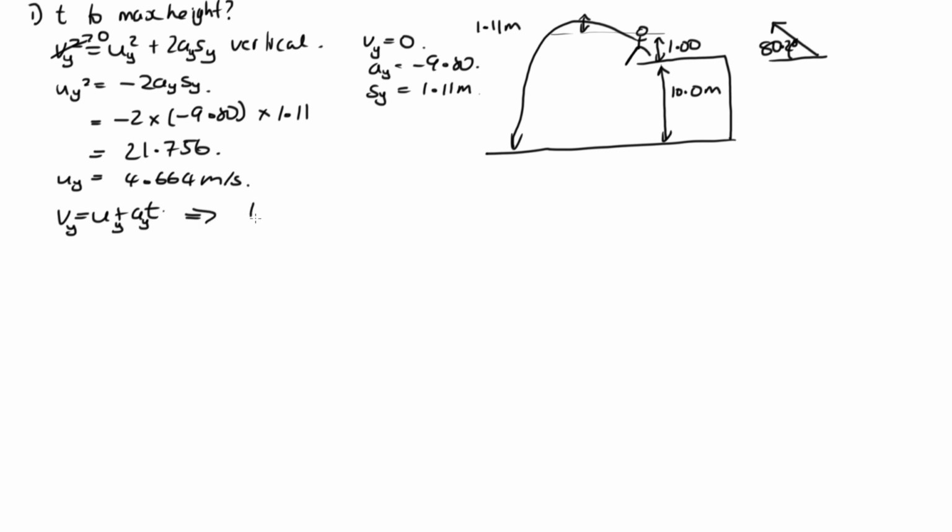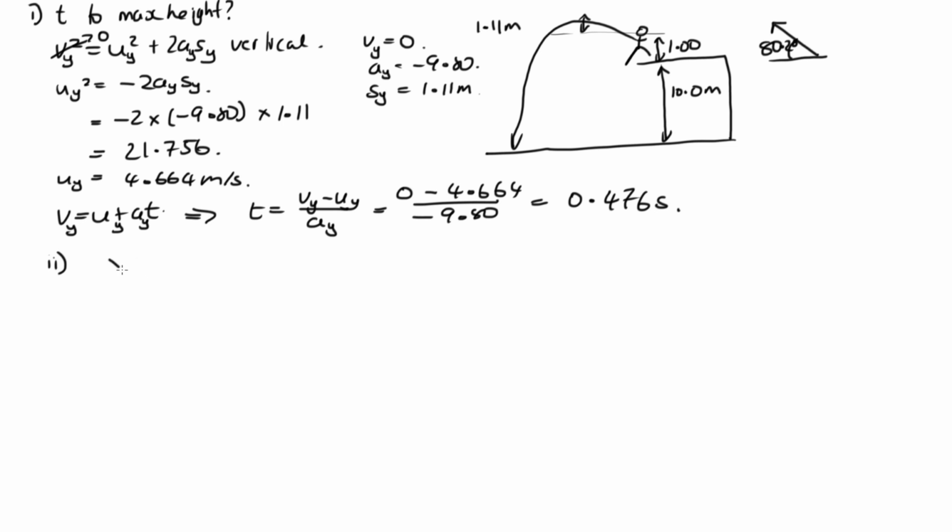Rearranging, t is equal to (vy minus uy) over ay, so this is equal to 0 minus 4.664 over minus 9.80, the negative because it's downwards. Solving this for time, I get 0.476 seconds.